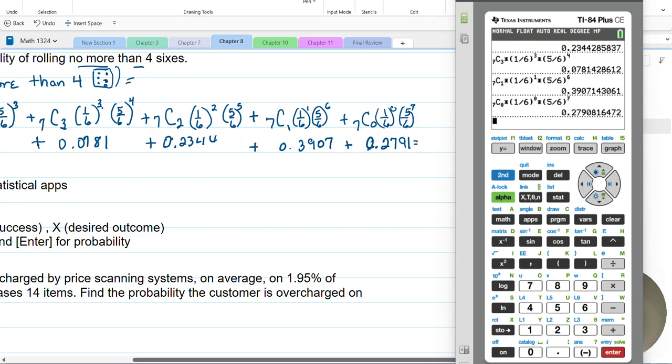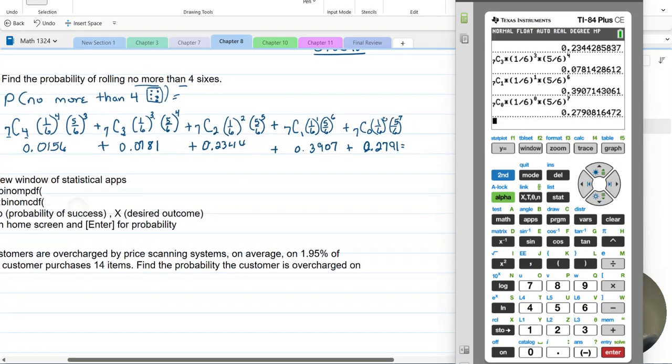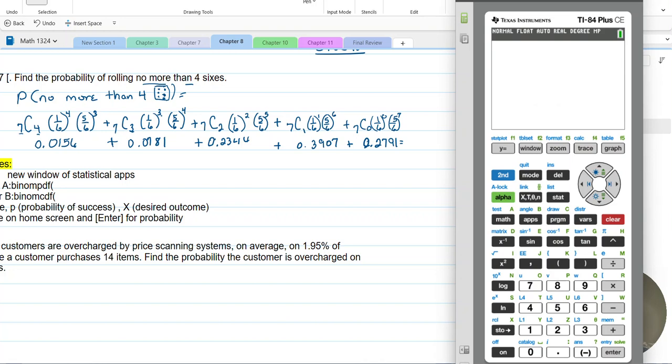And now all I have to do is add them. So here I go. I'm sorry about the confusion on the first part. 0.0156 plus 0.0781 plus 0.2 plus 0.1324 plus 0.2791 and enter. And it's 0.9979.